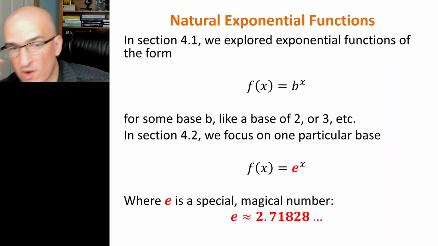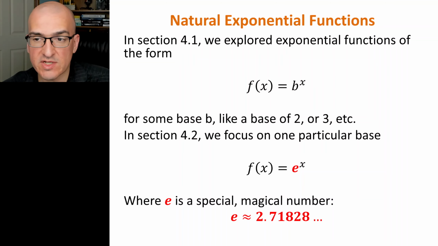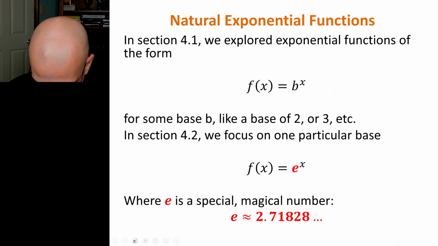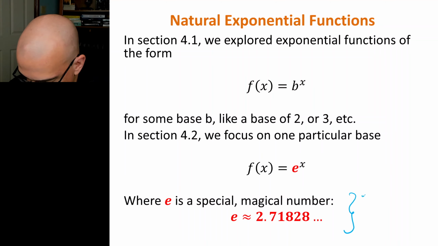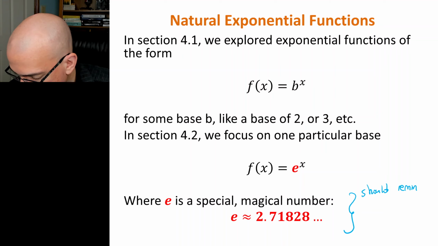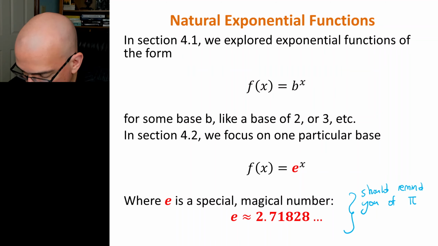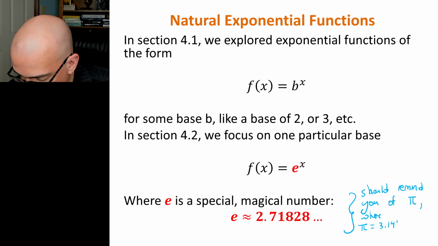And you've seen one number like this previously. You've seen a number called pi. This should remind you of pi, where pi is equal to 3.14159, I think it's 9, 3.1415, I'm not sure if it's 9 or if it's 8.